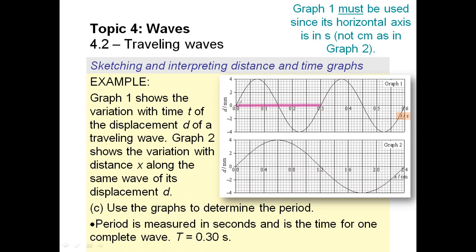In one complete wave, we have one complete crest and one complete trough. From that point to this point shows one complete wave, one complete oscillation. So the time is going to start from here till here, which is equal to 0.3 seconds.